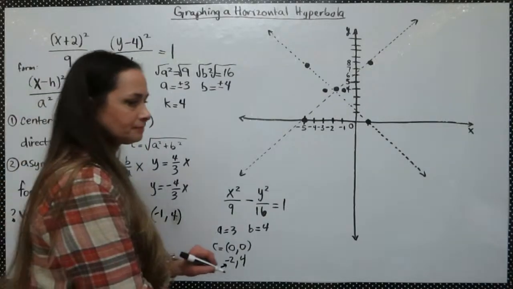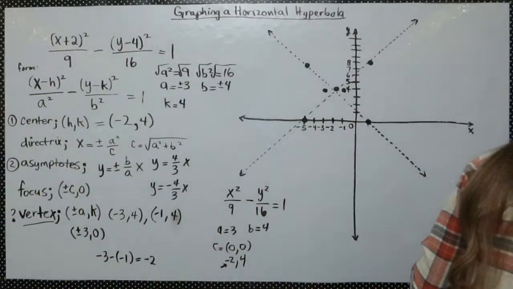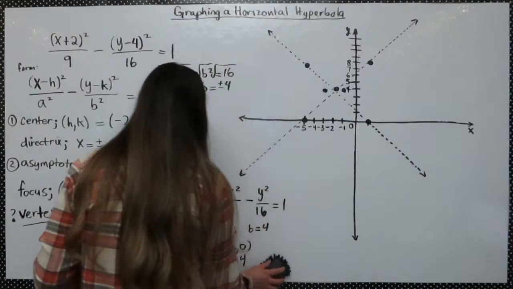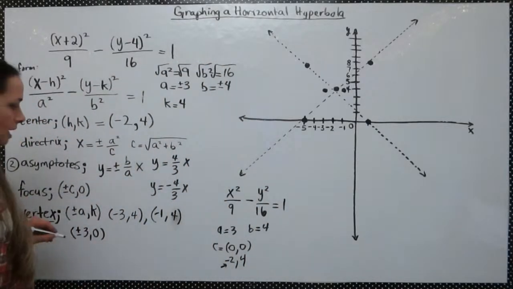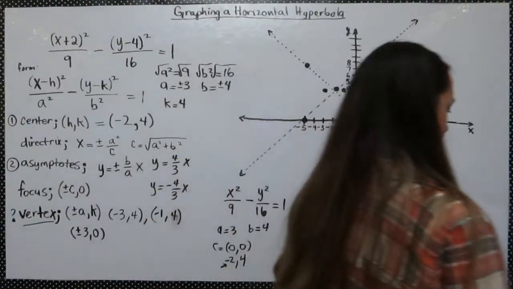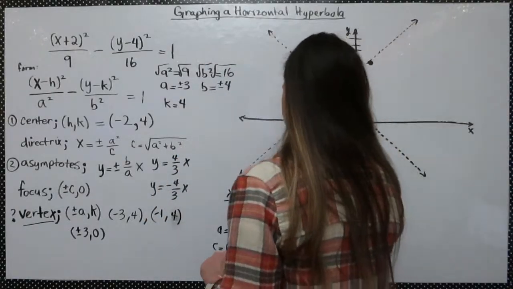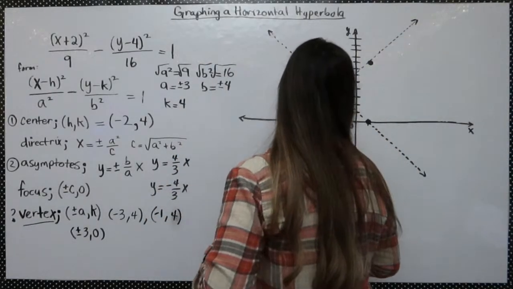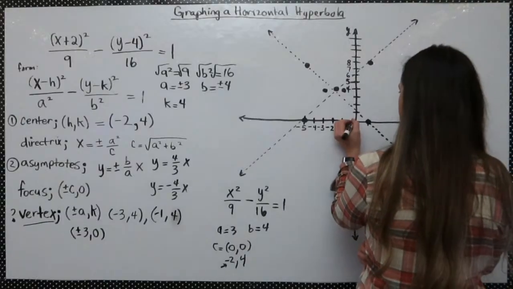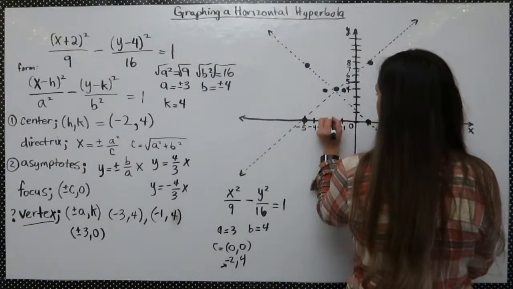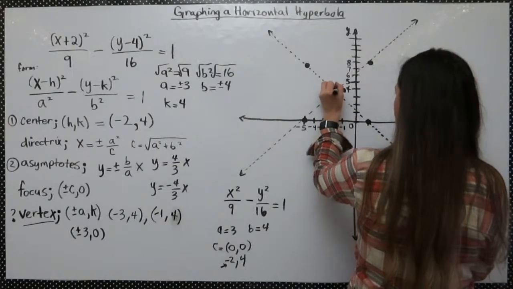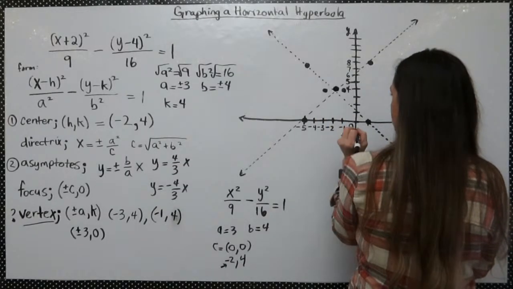Okay. Anyway, I'm gonna have to figure that out. But I can go ahead for now and trust that if my center was at 0, 0 and I shifted it negative 2 units and up 4, that's what I did here.